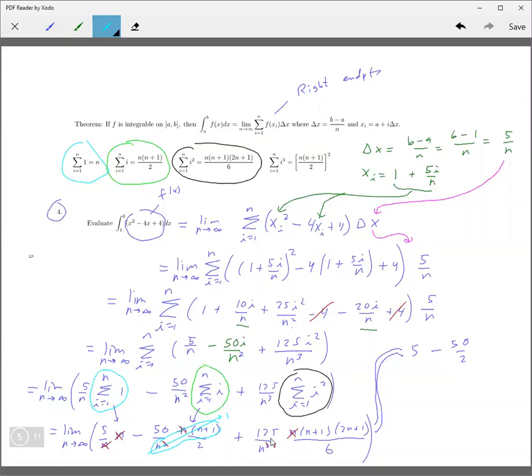Likewise, if you expand this out, your leading term is going to be 2n squared over an n squared, so as n goes to infinity, that goes to 2. So this last piece is 125 times 2 all over 6, which reduces to 125 over 3. In the end, you're going to get 65 over 3 as the answer.